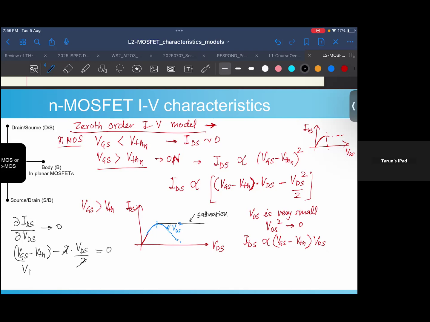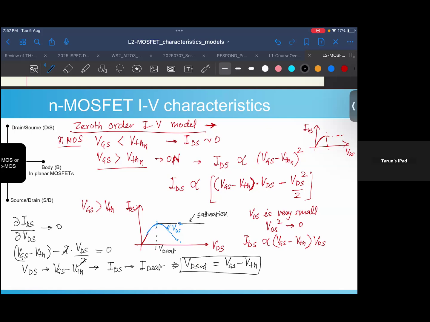So when VDS tends to VGS minus VTH, what happens to IDS? From that, what we can say is that my VD sat, which is the point we showed last time, is VD sat equal to VGS minus VTH.